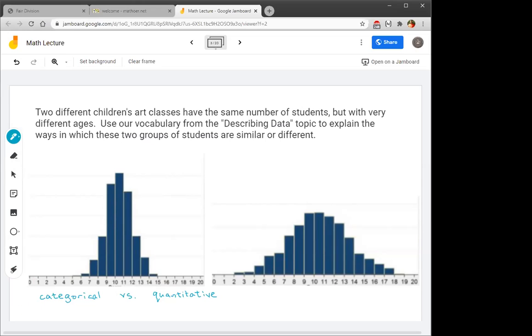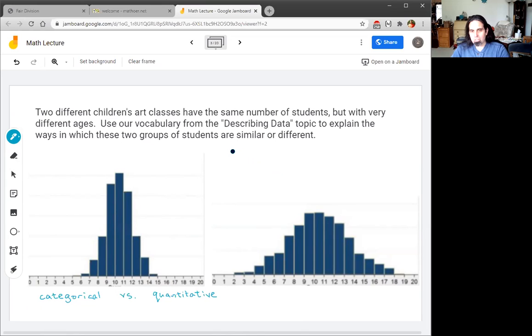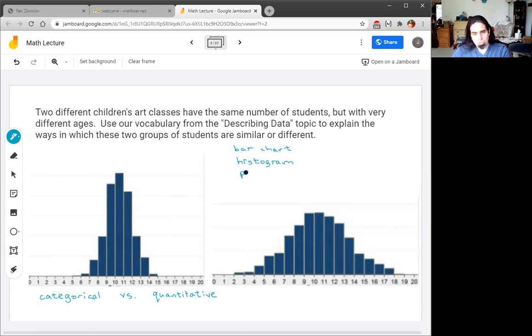So what's more jargon we've learned? Histograms or pie charts. Yeah, what kind of chart is it? We had bar charts, histograms. Pareto chart.